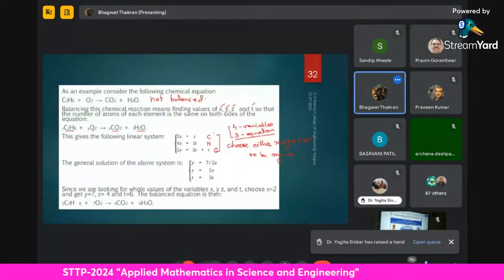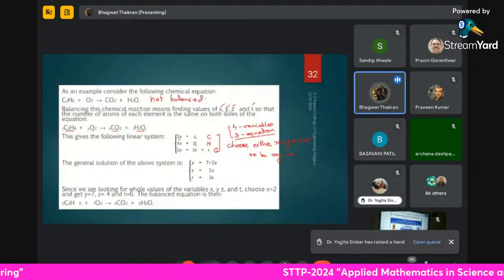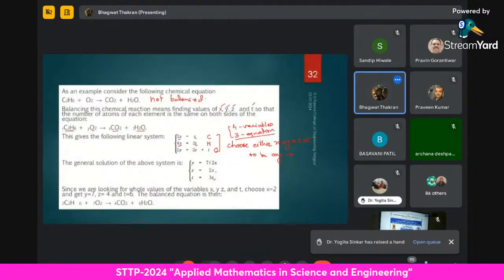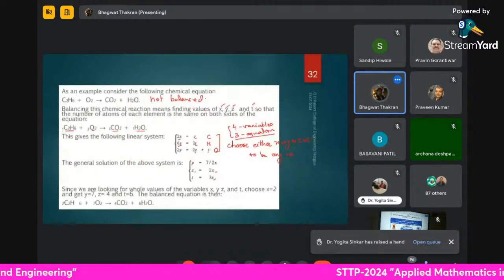So in this case, since the value of Z depends on X, and the value of T is also dependent on X, and the value of Y is also dependent on X, since Y is defined in terms of Z and T, and Z and T we have already calculated from two equations.